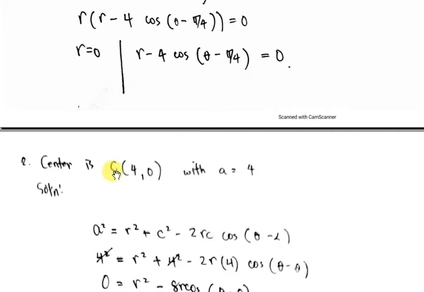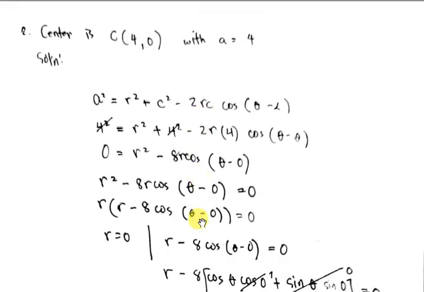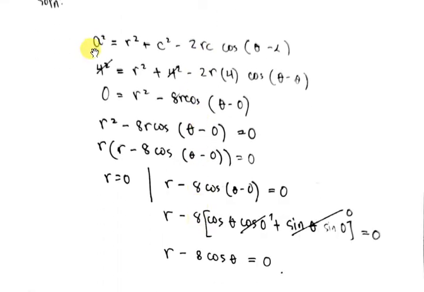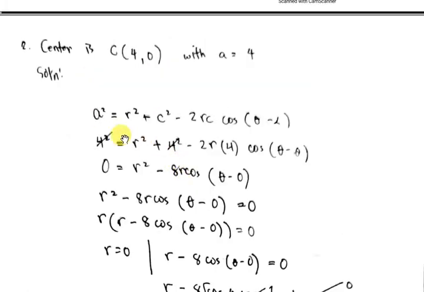So number 2, find the equation of the circle given c equals (4, 0) with a equals 4. So by the law of cosines, a squared equals r squared plus c squared minus 2rc cosine theta minus alpha. Okay, a and c are the same, so we can cancel them again.